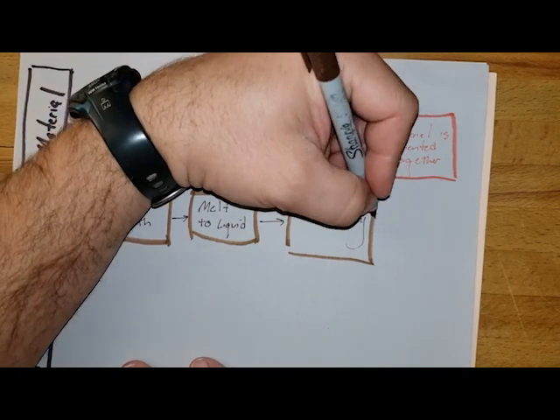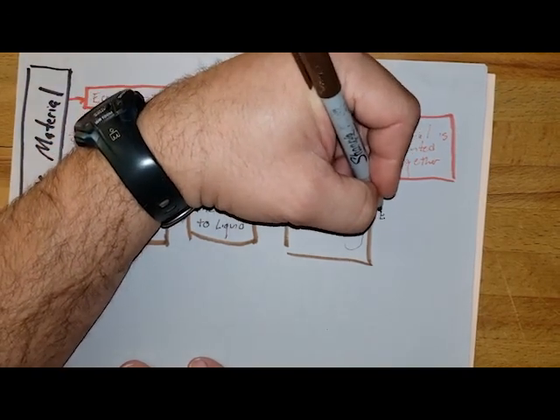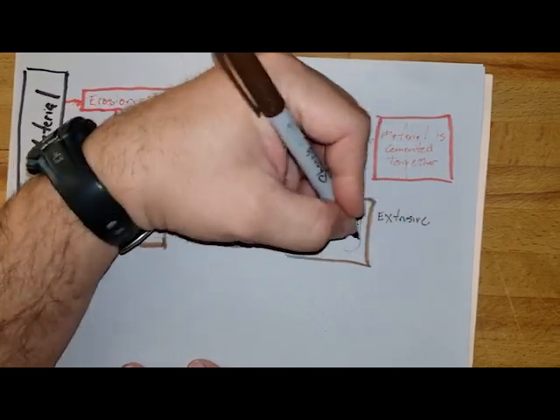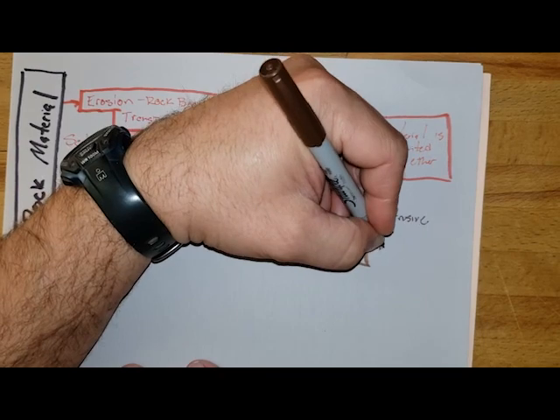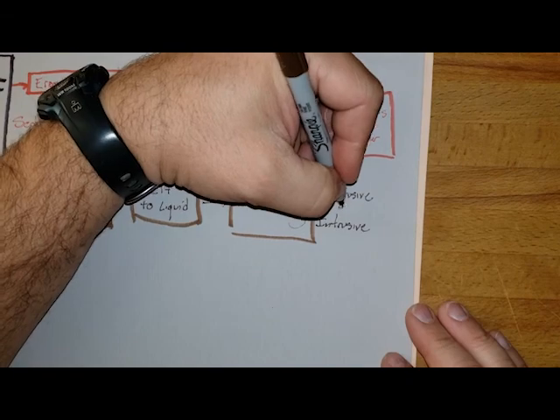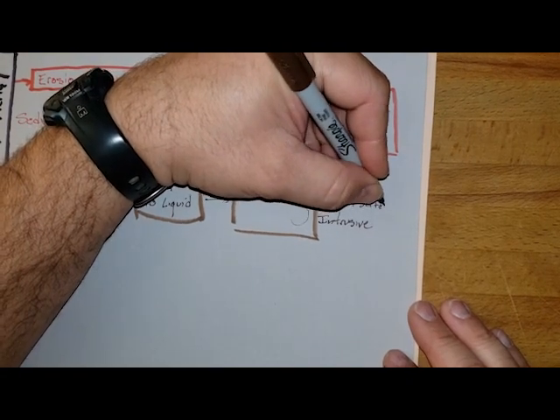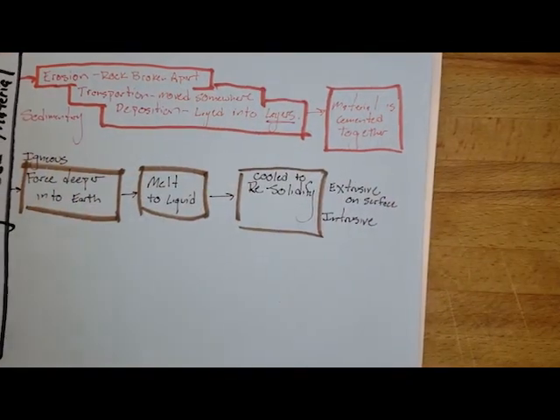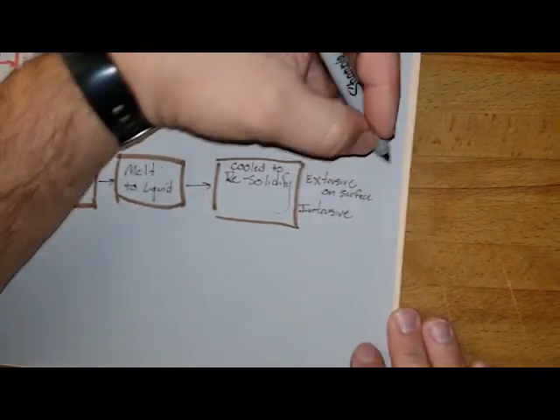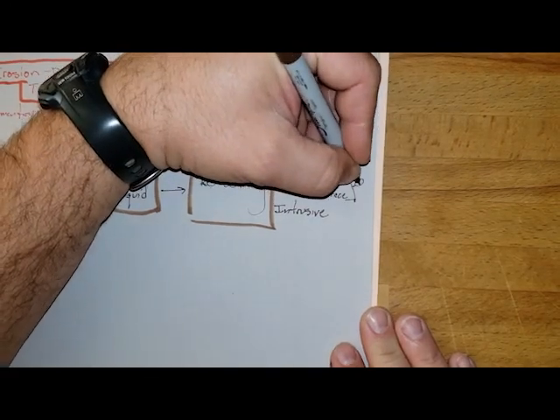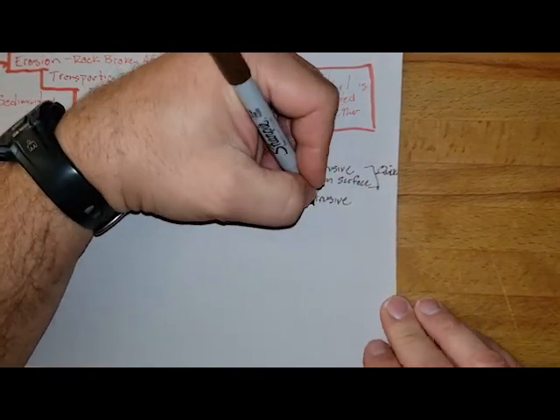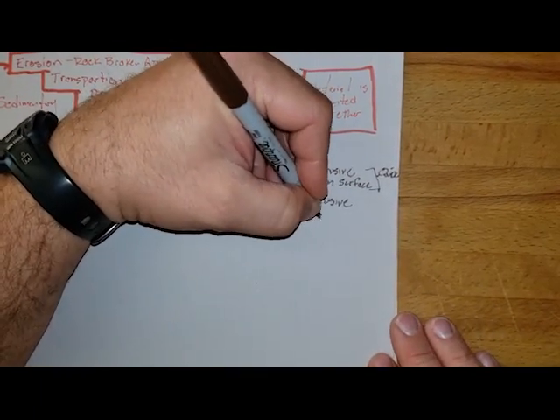If it happens out on the surface, we call that an extrusive igneous rock. If it happens inside the earth, then it is intrusive. Extrusive is on the surface. A lava flow comes out, the lava is oozing around, and it's going to be cooling relatively quickly. This is going to be a quick cool and solidification. The intrusive is going to be happening below the surface.